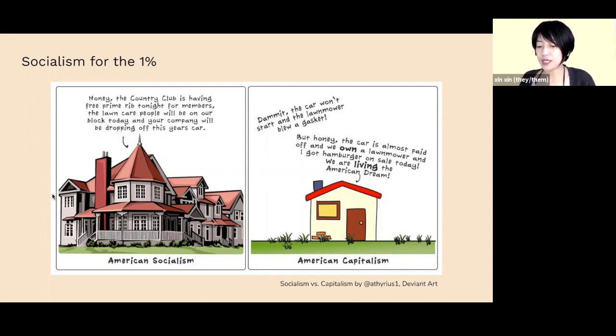A tight control and schedule of mortgages and debts and different ways of extraction that is simultaneously coupled with the messages of the American dream. If we're falling behind, it must be because we're not working hard enough, right?